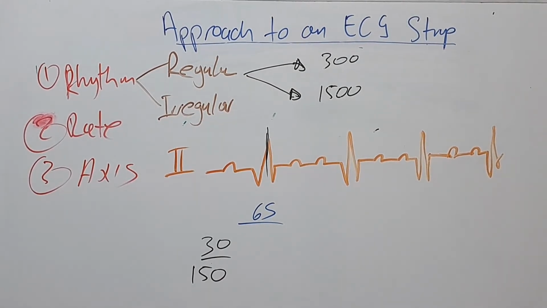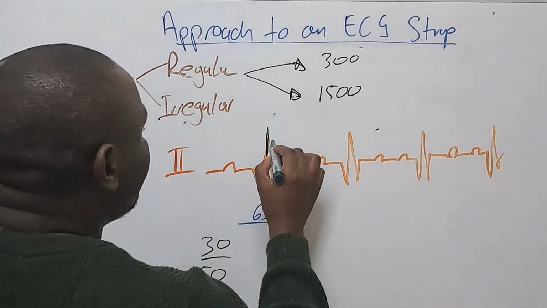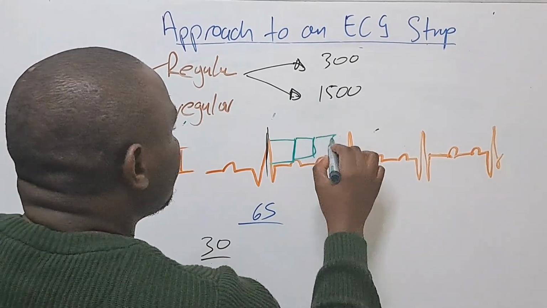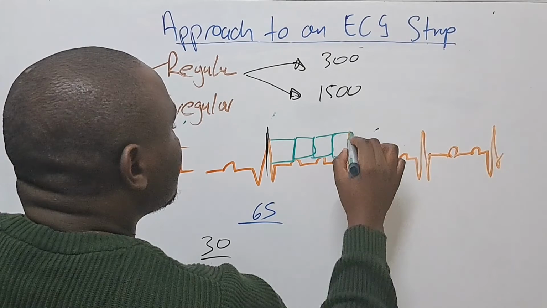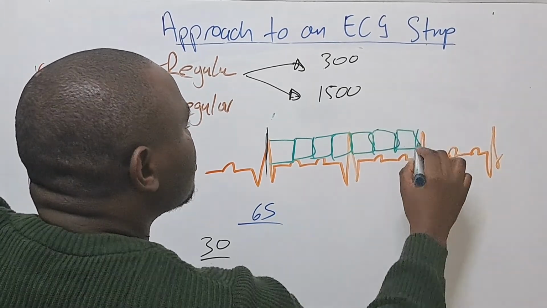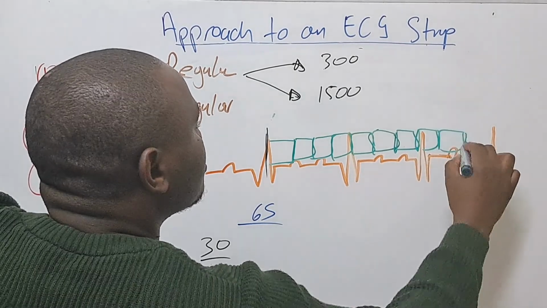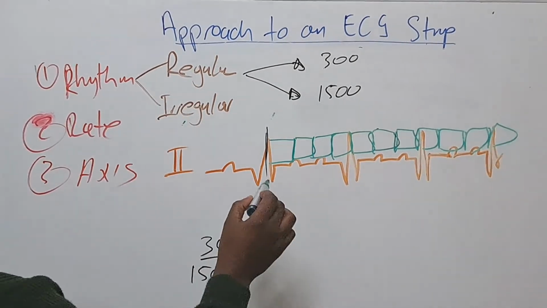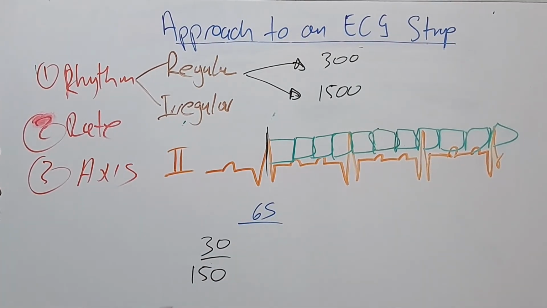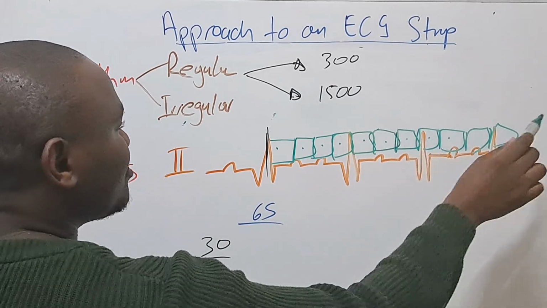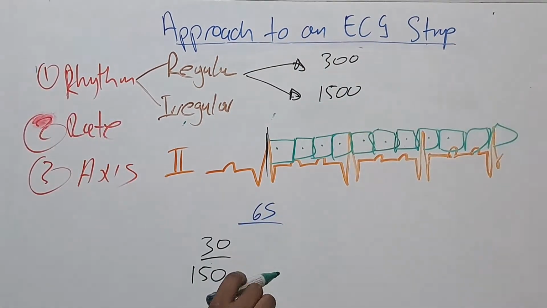So basically, this is what we are talking about. If this is a big box, this is another big box, another big box, big box, big box, big box, big box, big box. You just count them. 1, 2, 3, 4, 5, 6, 7, 8, 9, 10, 11, 12, 13, up to 30.